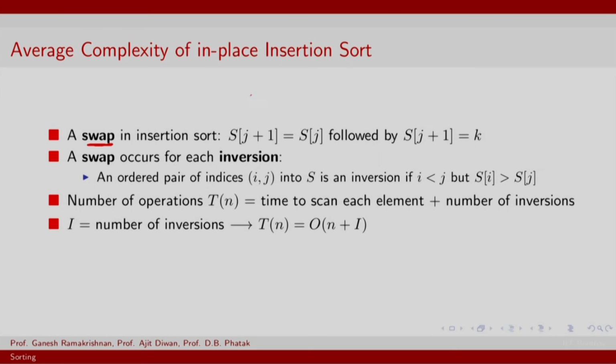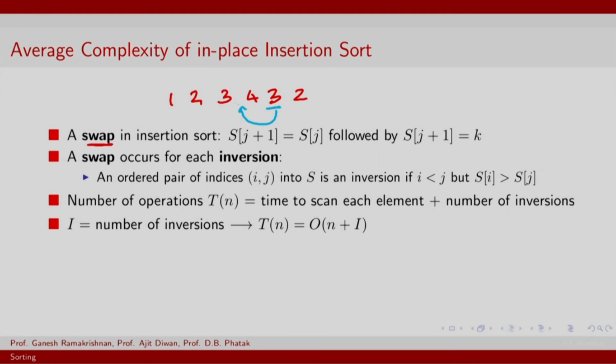We are saying 4, 3, 2. So if I had to insert 3, let us say the list was 1, 2, 3, and I was trying to insert a 3 here, how far will I need to go?